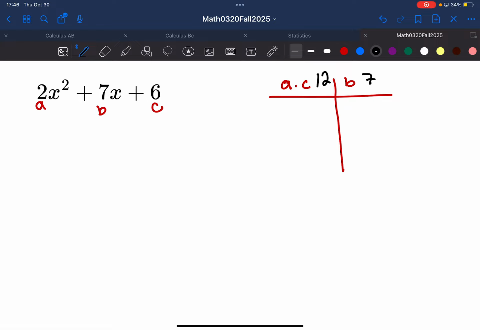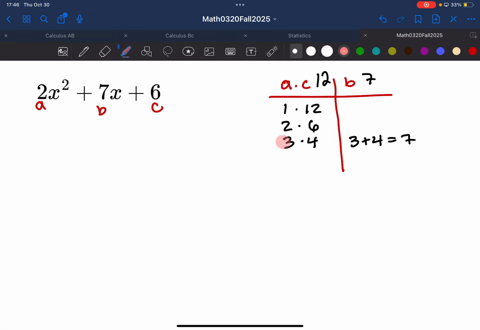Okay. And then remember, if we can't think of what those factors may be in the beginning, we just list all the factors. So we do 1 times 12, 2 times 6, and 3 times 4. So which of these, if I were to add them, would give me 7? 3 and 4. Okay, so 3 plus 4 gives me 7. So I know I'm using 3 and 4.